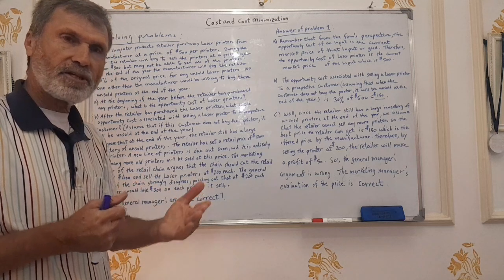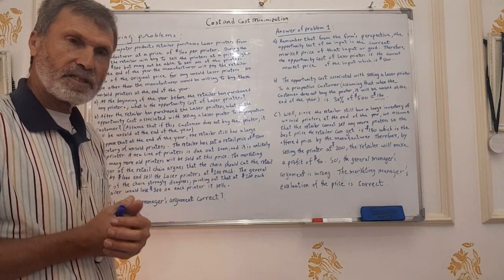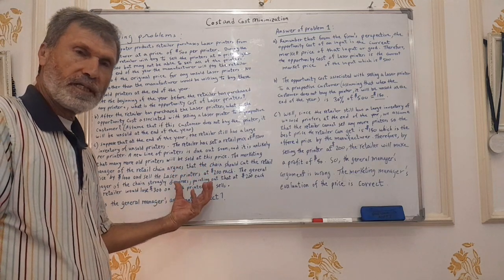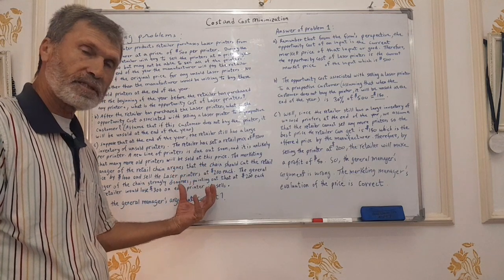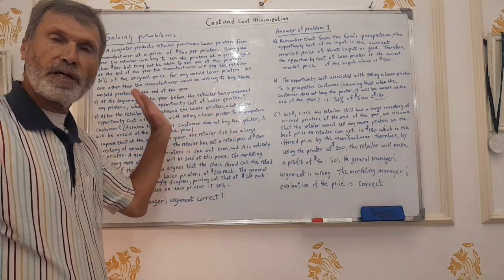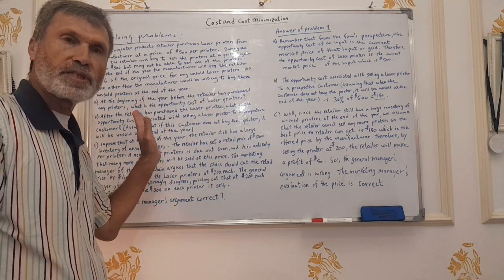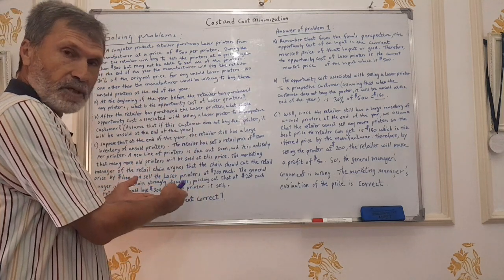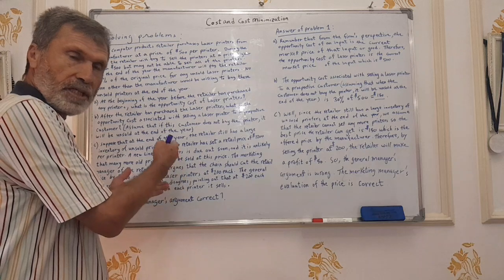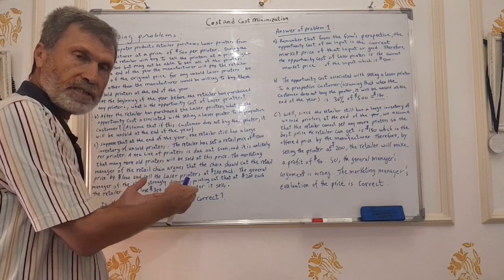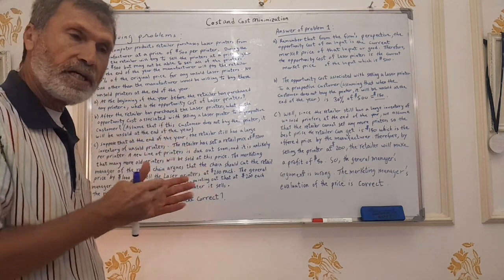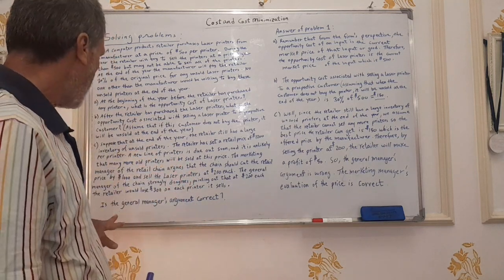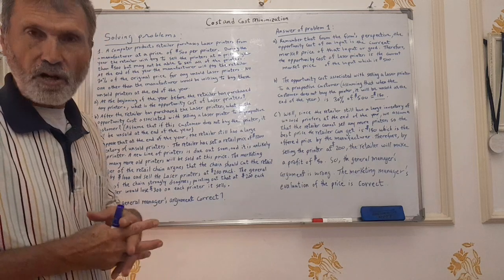The best alternative for the retailer is for these unsold laser printers to be sent to the manufacturer for 30% of the original price, which means $150. So if the firm is able to sell each laser printer for $200, it means a gain of $50 for the retailer. Therefore, the general manager's argument is wrong.